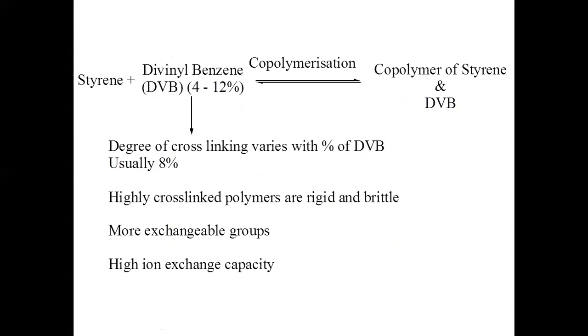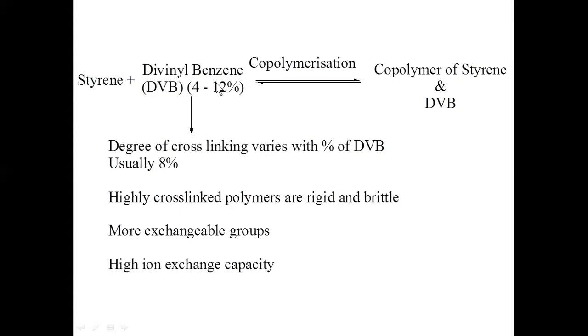Okay. So preparation of cation exchange resins and anion exchange resins will have a common first step, that is the copolymerization step between styrene and divinyl benzene. Copolymerization takes place to give a copolymer of styrene and divinyl benzene.